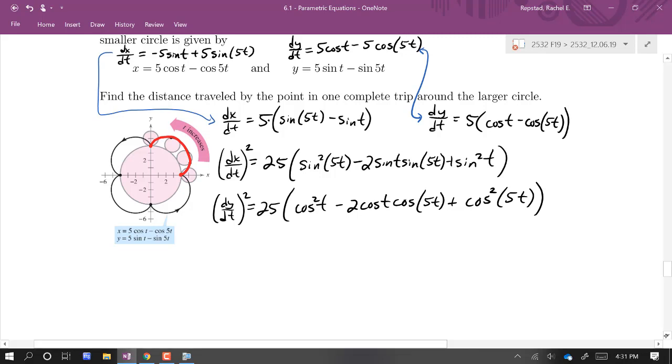Are we excited to add these up and throw them inside a radical? Because that sounds like a really easy integral to do. It's going to simplify kind of nicely. So don't worry, it'll all end up okay.